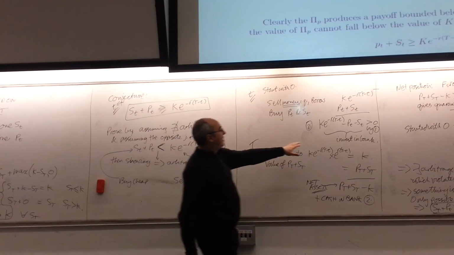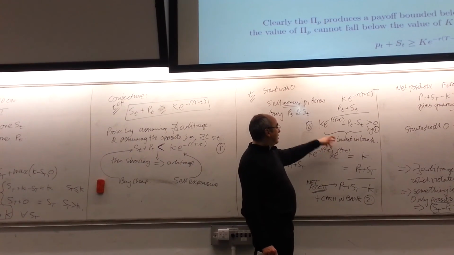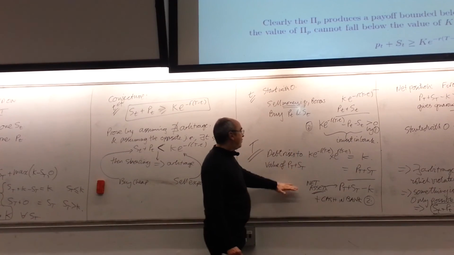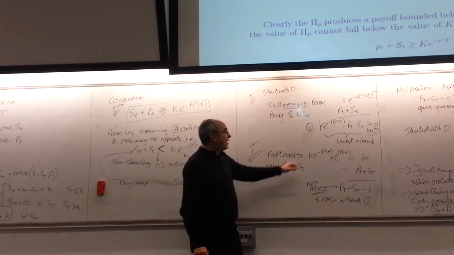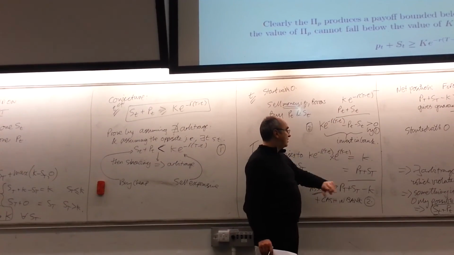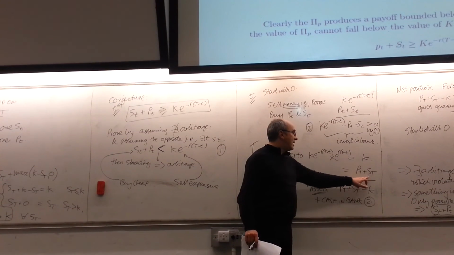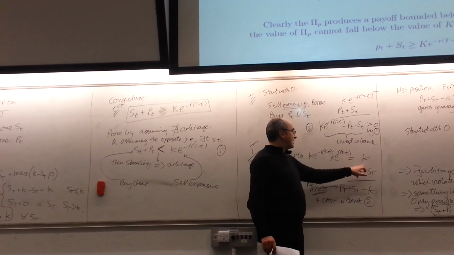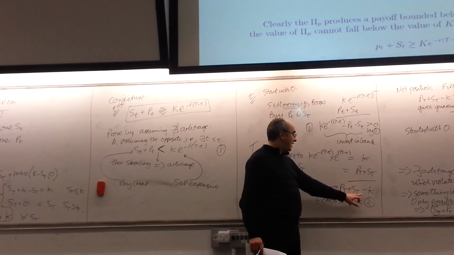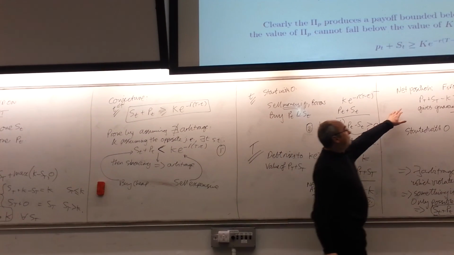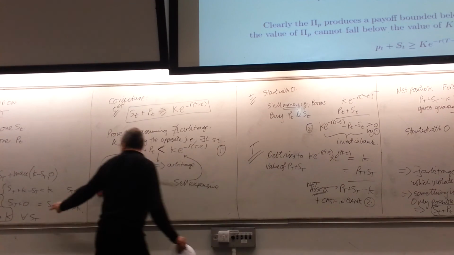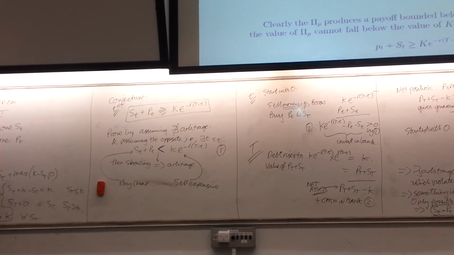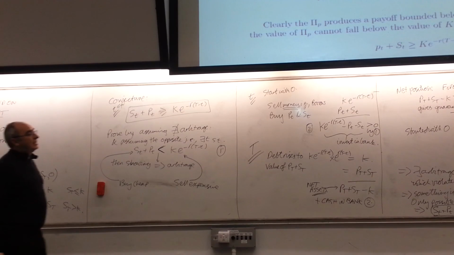You get some leftover money that you put in the bank anyway, but even despite that, as you go to expiry, you find that if you hold the put and the share, you can sell them, and after you've liquidated those assets, you can pay off your debt and you've still got a positive amount of money left over, given the values. This is guaranteed, this is correct at time T.